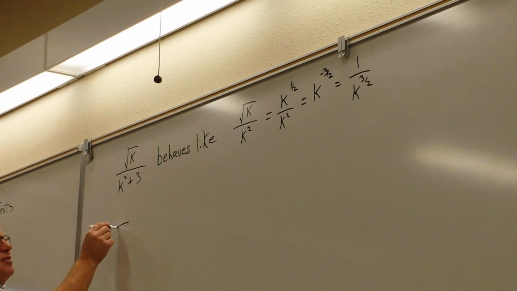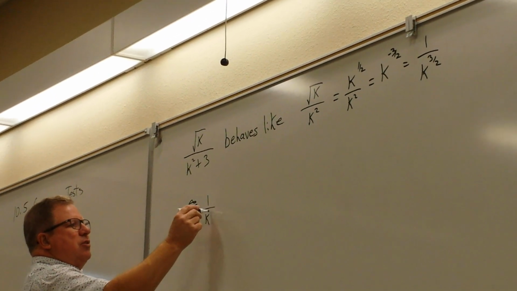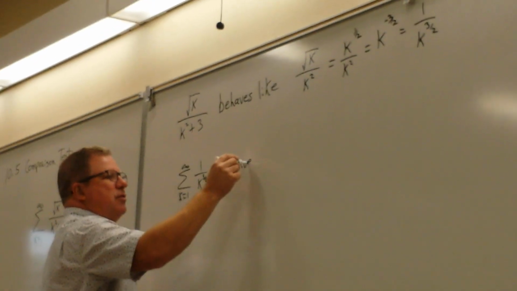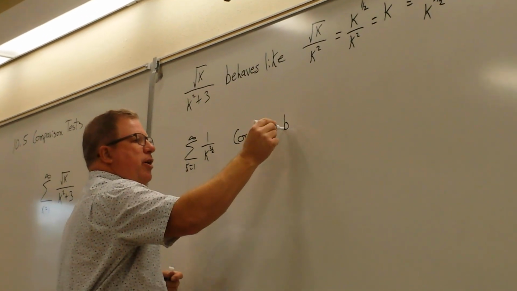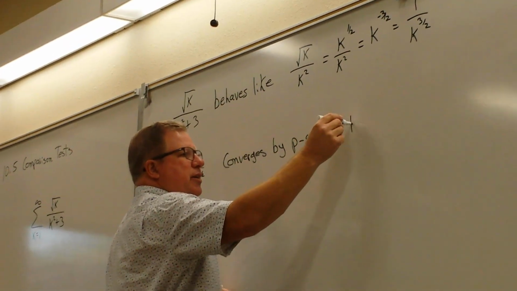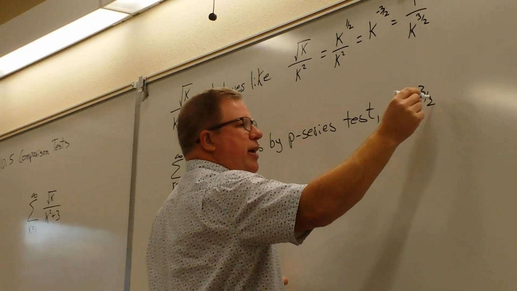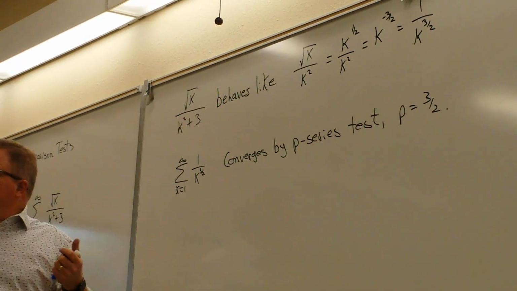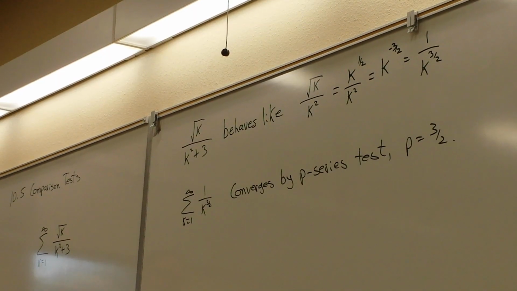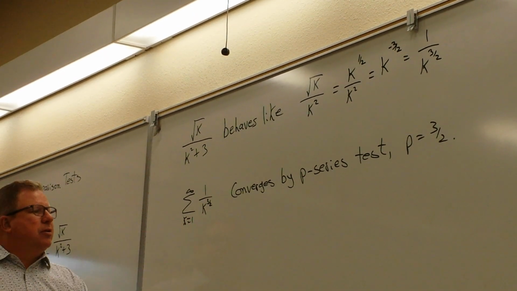Yes. The sum of 1 over k to the 3/2 converges by p-series test, p equals 3/2. That's greater than 1, right? So we know this converges.